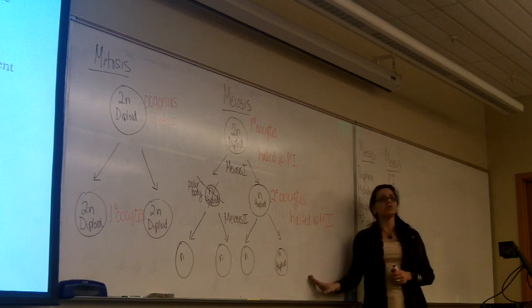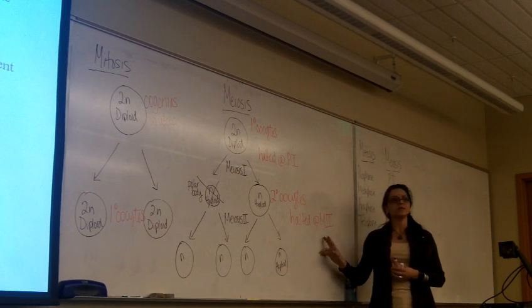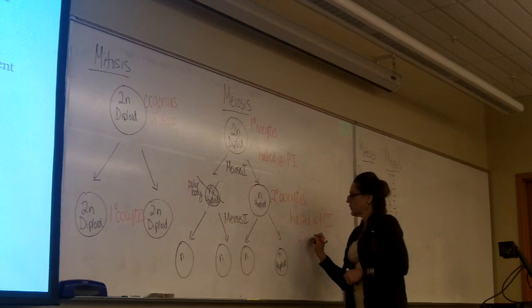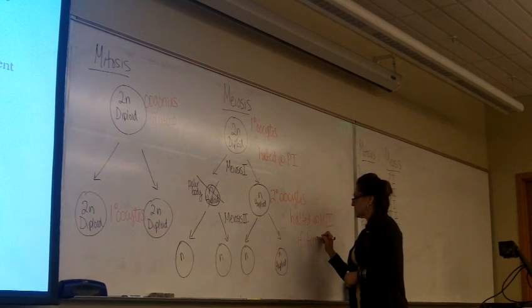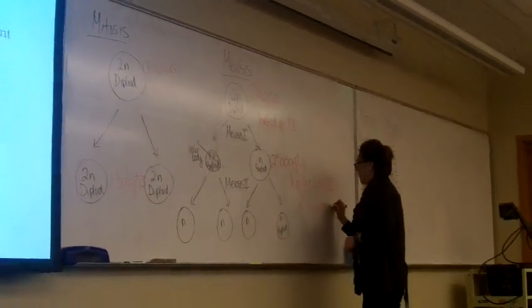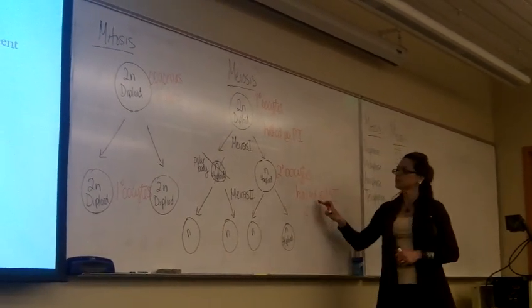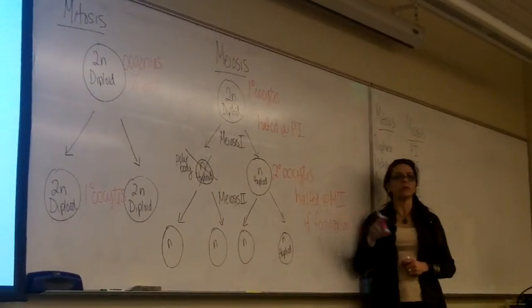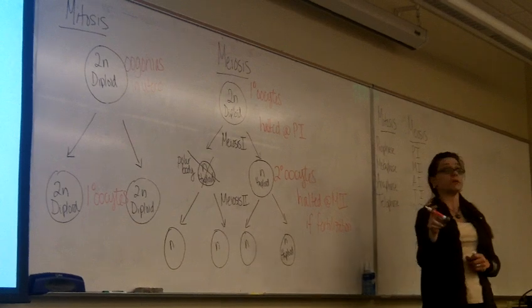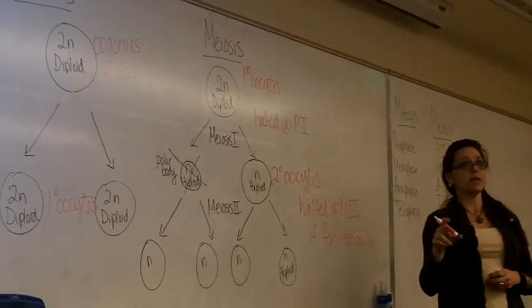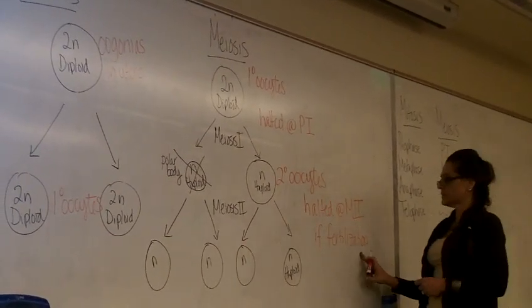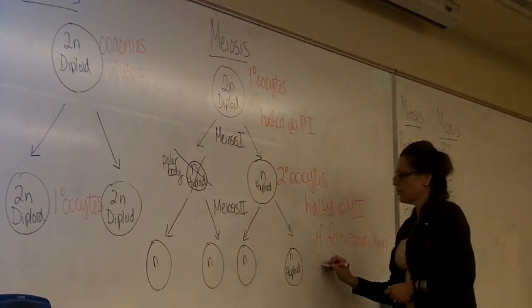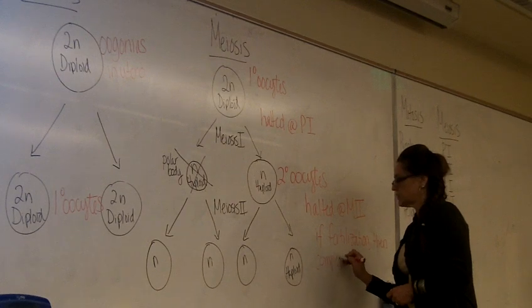In order to finish meiosis 2, fertilization has to occur. Okay? So if this cell gets ovulated, so a secondary oocyte halted at metaphase 2 gets ovulated, and if that ovulated oocyte gets fertilized, then it will complete meiosis 2.